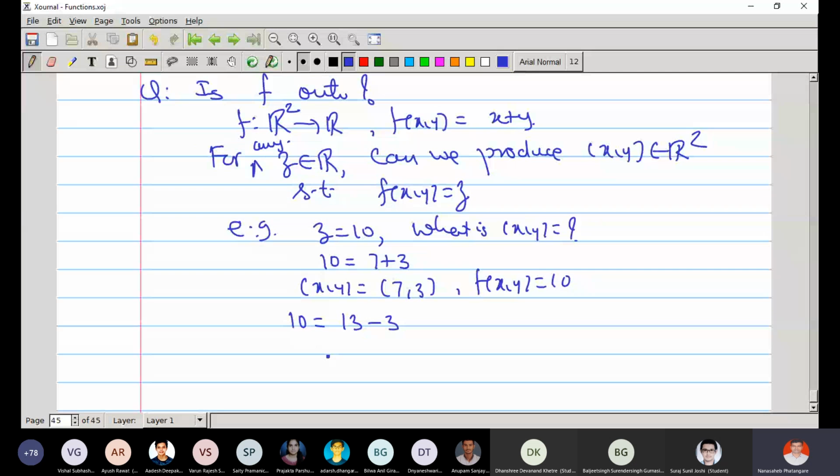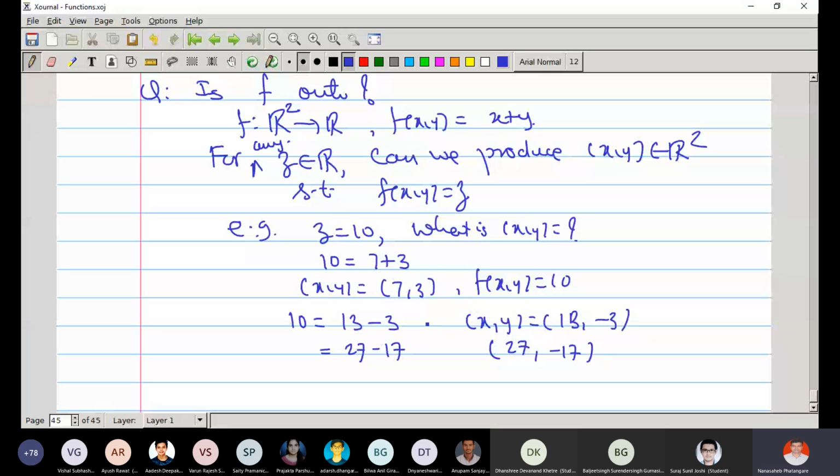I can also say 10 is 27 minus 17, so I can look at the element (27, -17). So there are many possibilities for pre-image. That's why the function is not 1-1, but certainly for every z I can produce a pre-image.